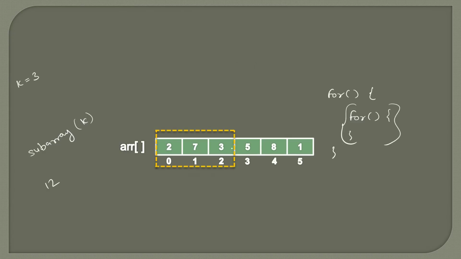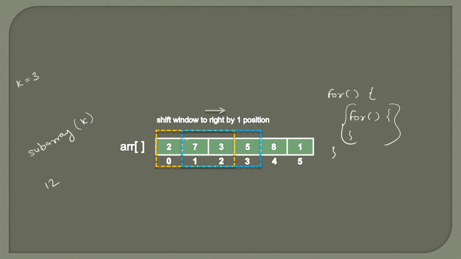So this is our first window where we do the sum directly. Now we shift the window to right by 1 position because we need to take now the next sub array from index 1 to 3. So when we do this shifting, the window in blue becomes our new window and the window in yellow was our old window.